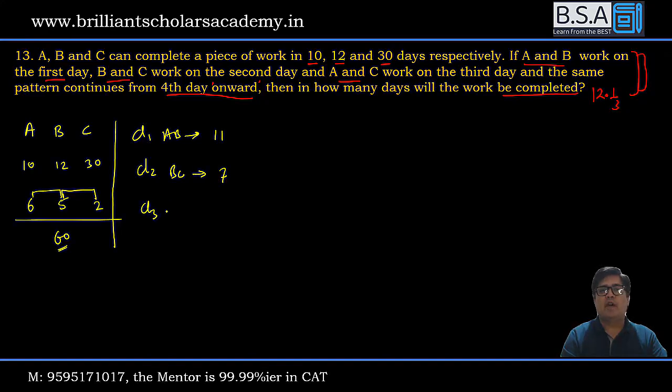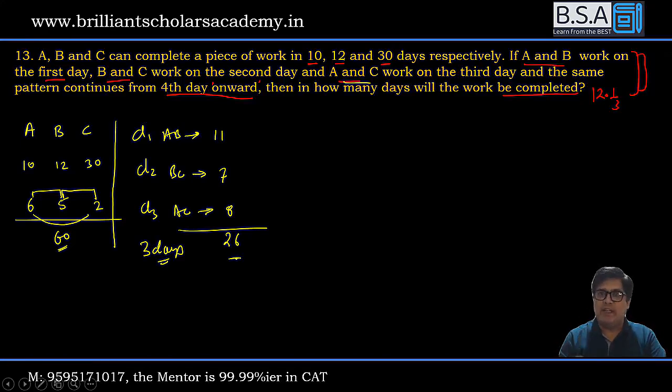Who comes to work on day 3? A and C. A and C combined speed is 8. So the addition is 7 plus 8 plus 11, which is 26. Follow my language. Whenever you wait for 3 days, in 3 days, 26 units of work will always be done.